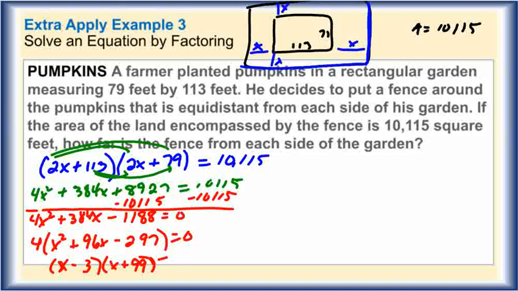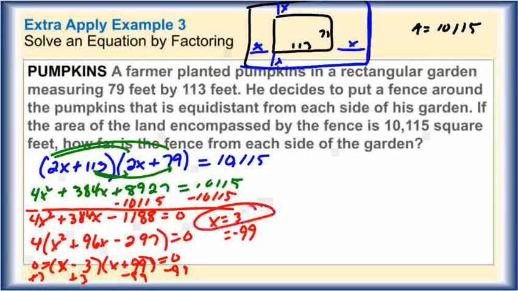Make each of these equal to 0. And I would have to add 3 here, add 3 here, subtract 99 here, subtract 99 here. So I can have x equaling 3 or x equaling negative 99. Now, I can't have negative distance, so the only one it would be is the positive. So it would be 3 feet is how far each side of the fence is from the garden.